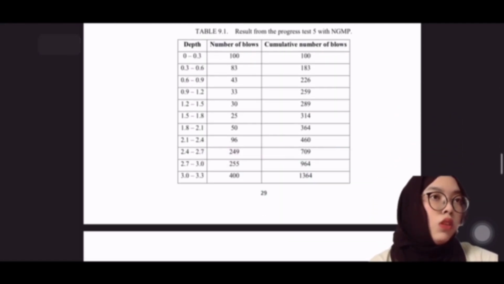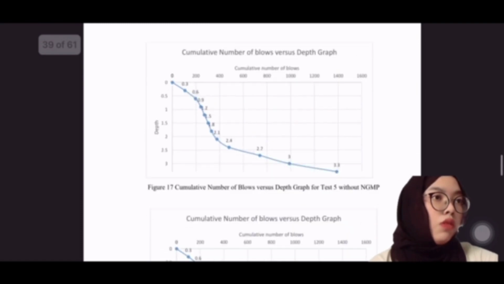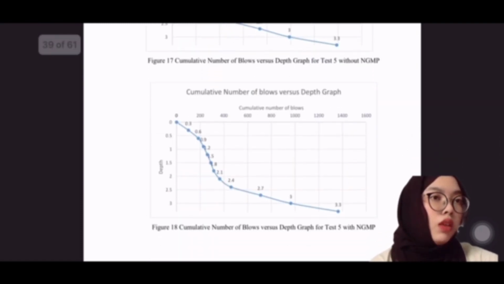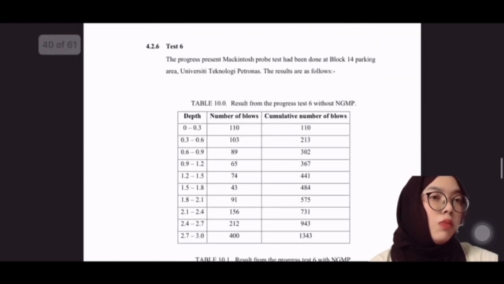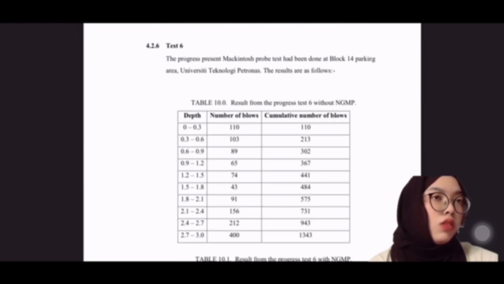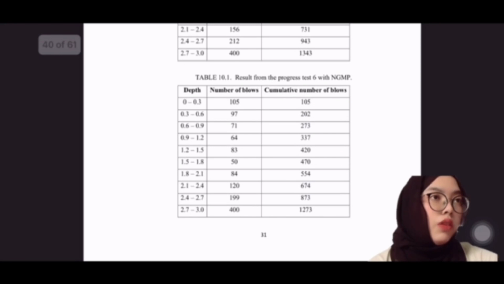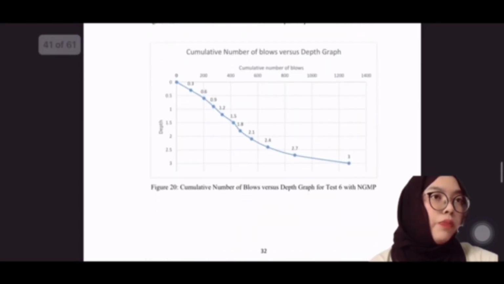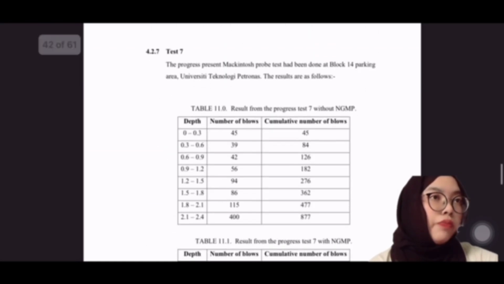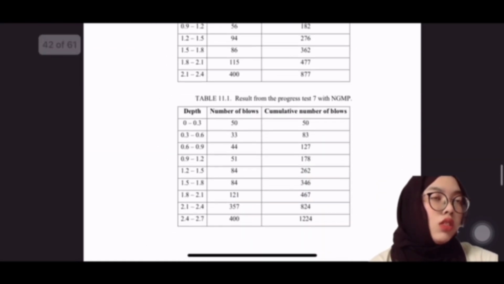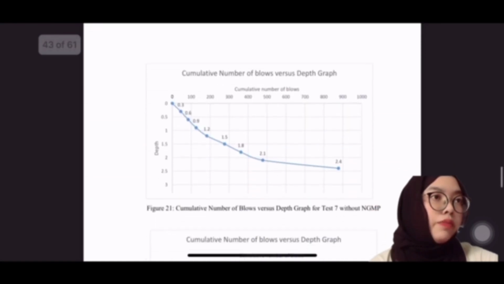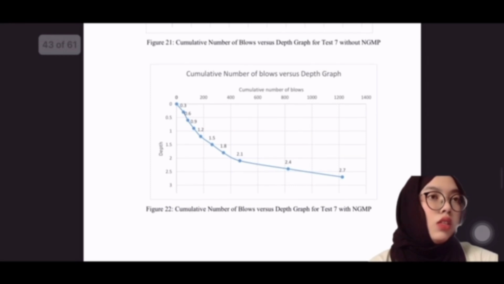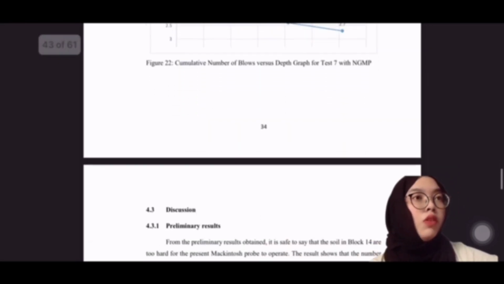Next is the cumulative number of blows versus depth graph for test 5, which is without NGMP and with NGMP. And this is also the same for test 6, with NGMP and without NGMP, and this is the cumulative number of blows. And lastly is test 7. That's the same.